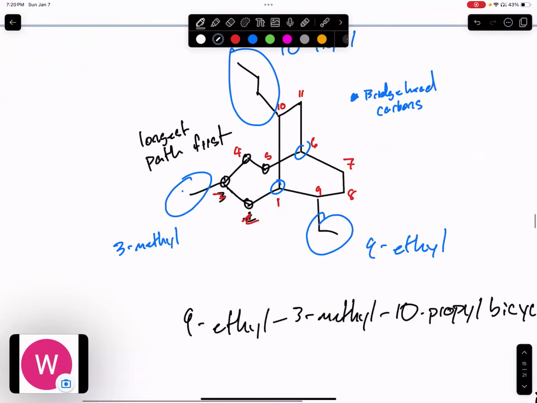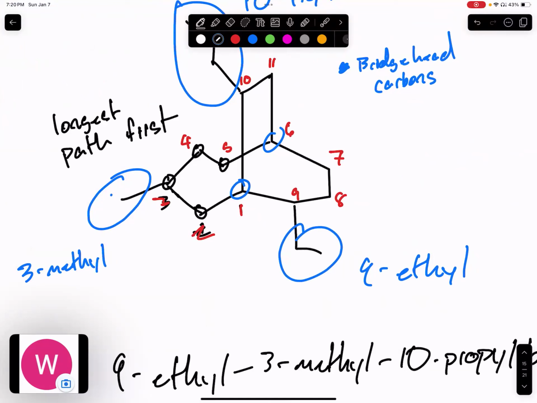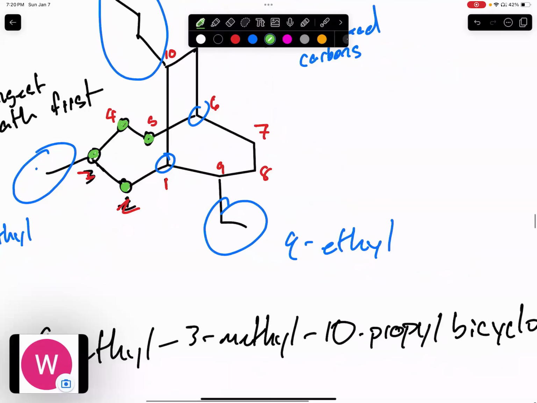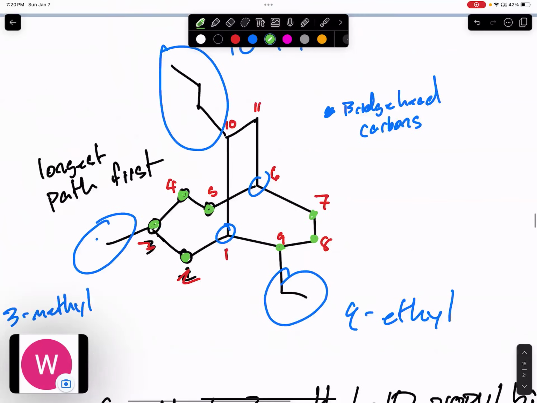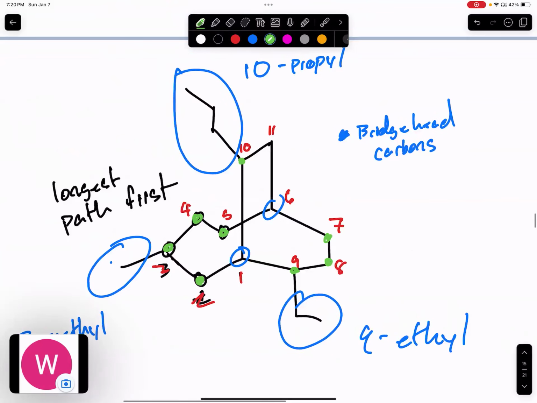When we went this way, doing it in green, there's 1, 2, 3, 4 carbons. On the right side, there's 1, 2, 3 carbons. And on top, there's 1, 2 carbons. You see what I'm saying?